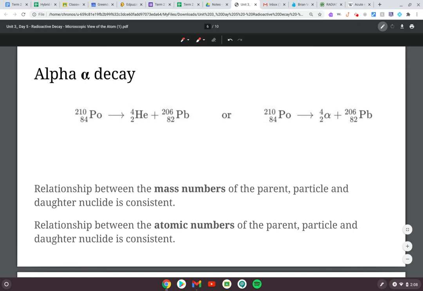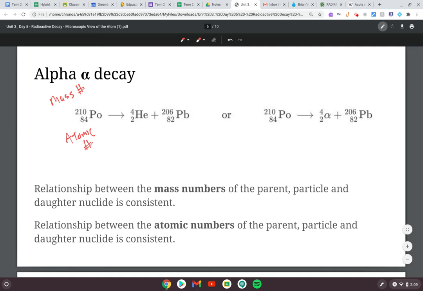Like the mass, the atomic number has to be the same value on both sides. So the fact that we have 84 on the left side of the arrow and 2 plus 82 on the right side of the arrow, that checks out. And then the mass number also has to be the same value on both sides. So we have 210 on the left side, and we have 4 plus 206 on the right side. So those balance out.